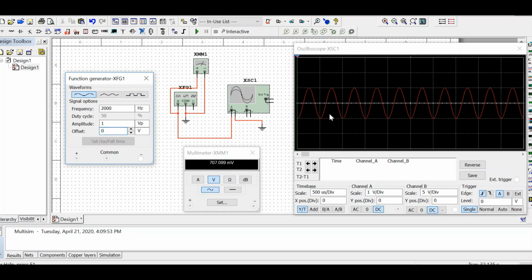The DC is at 0, so you can see the sinusoidal waveform. I set it here as sinusoidal, but you can have square or triangular waveforms as well. You have to repeat it for all of these waveforms.